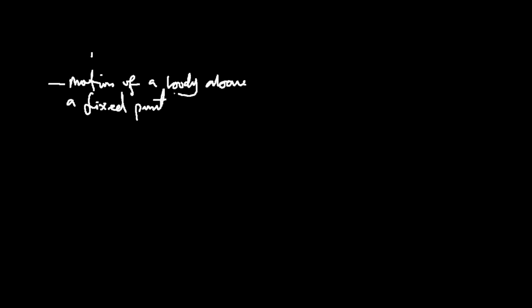We can say that it is a motion of a body about a fixed point with constant speed. When you see this, you know they are talking about a circular motion.